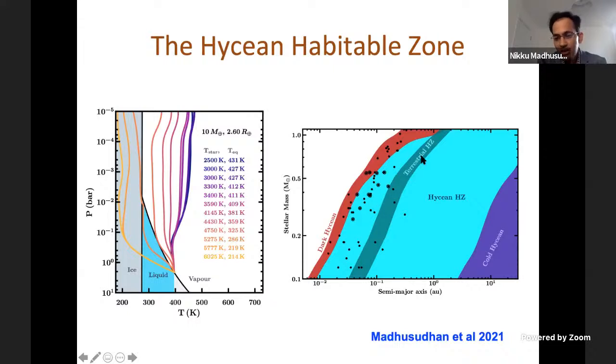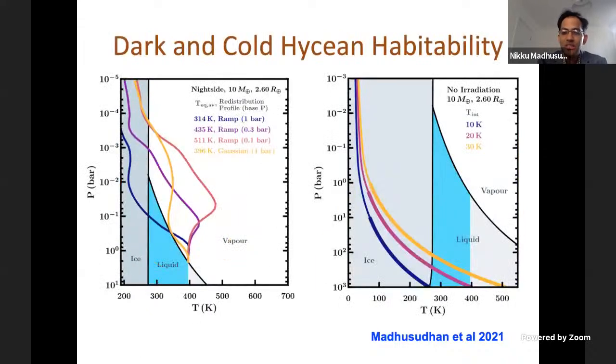And what that does is that if that's the terrestrial habitable zone, you expand that enormously. Okay, so that whole cyan and red and purple regions are habitable in one way or other. So that remarkably changes the space of planets that we can observe that can be habitable, basically.